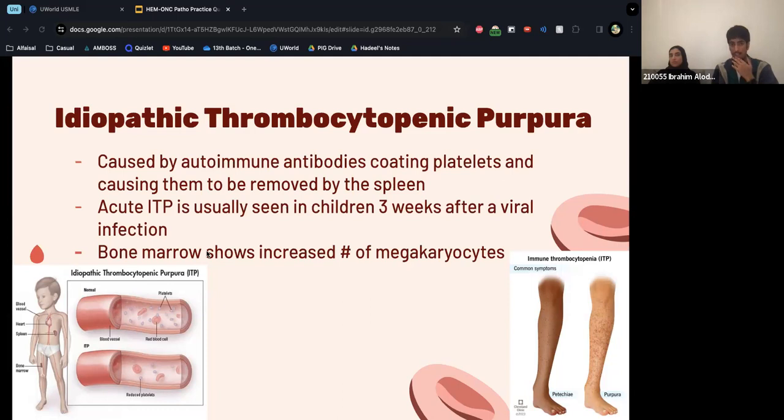The bone marrow is going to show an increased number of megakaryocytes, because the body is trying to adapt to the decreased platelets being removed by the spleen by pushing out more platelets. So the child will have purpura and petechiae. And here's a simple diagram showing there are fewer platelets in ITP. All right.